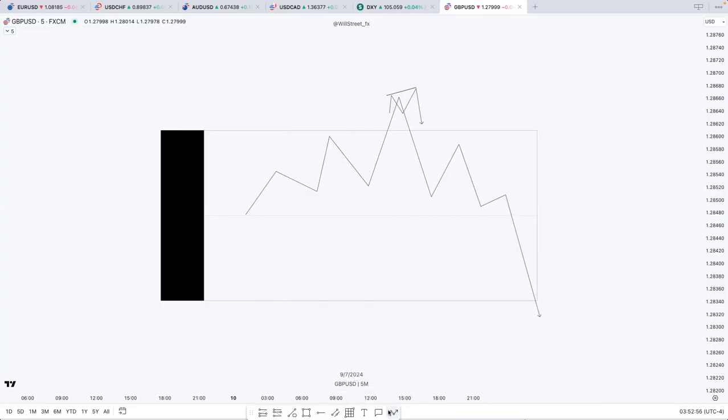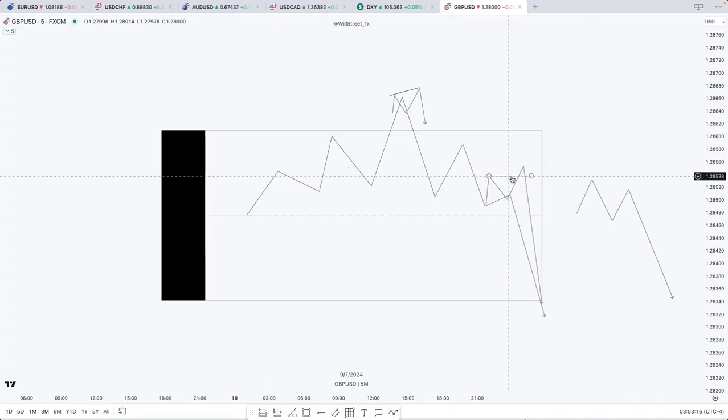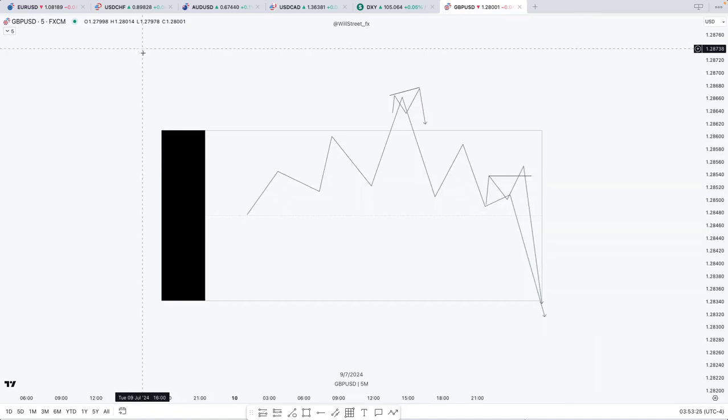And the other thing that it is indicating is a continuation. Imagine you have here another SMT. The first asset we can see here, this here, and in a correlated asset we see this here, which is exactly what happened today. This could be GBP and this could be DXY, Euro, etc. Look at this.